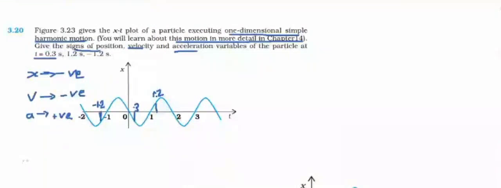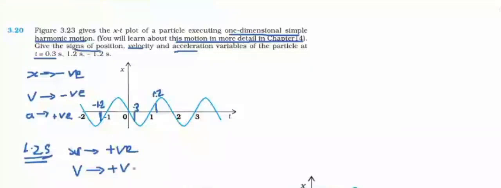Now in case 2, 1.2 seconds. So at 1.2 seconds, we can see the position is positive. Position positive means velocity is also positive, and acceleration is opposite to displacement.